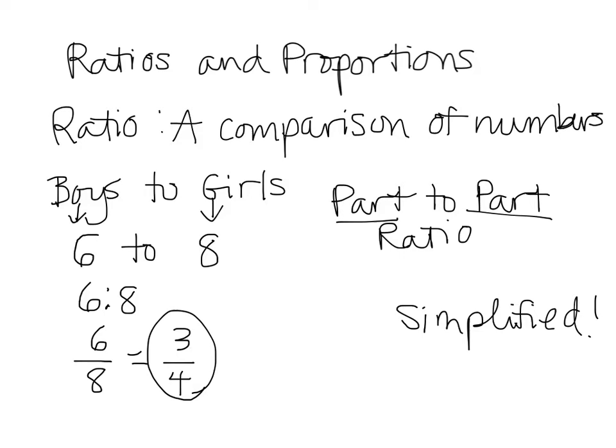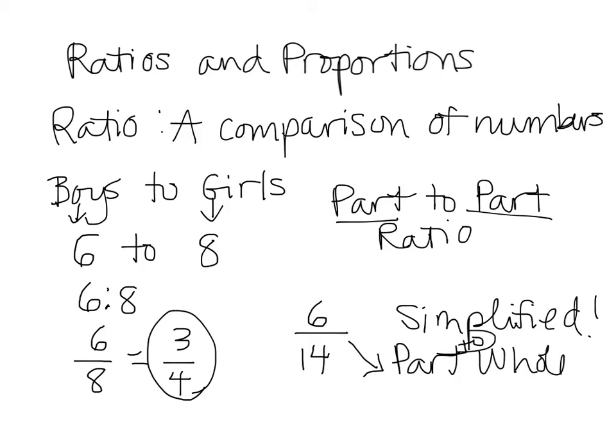If I wanted to say the ratio, the fraction of boys in the class, I would have to say the part that is boys out of the whole thing, and this would be considered a part-to-whole ratio. These are really what fractions, decimals, and percents are all based on, the notion of part to whole. And again, we would have to simplify that: 3 to 7.